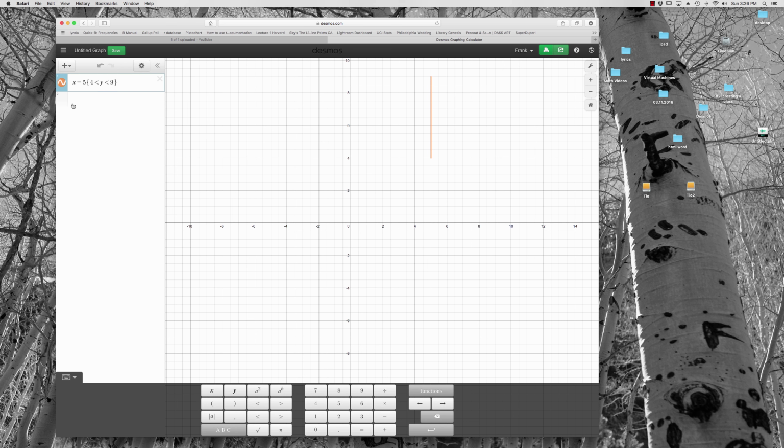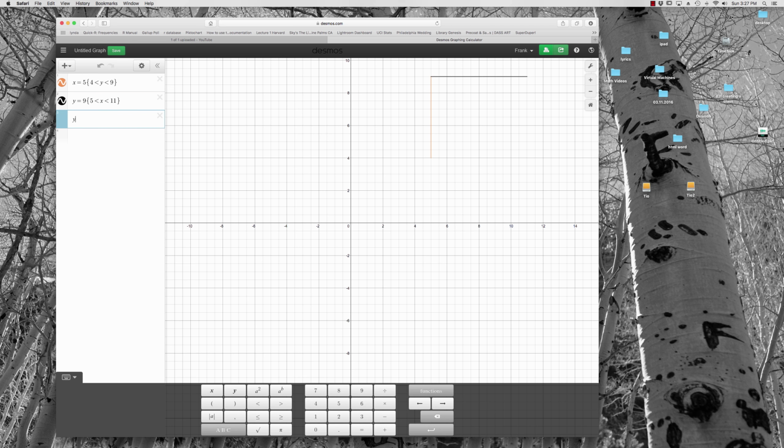Then I'm going to add another one. y is equal to 9. It gives me a horizontal line, and that goes from 5 less than x less than 11, and then close the curly brackets. So there's the vertical line.